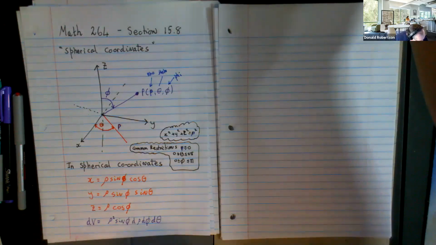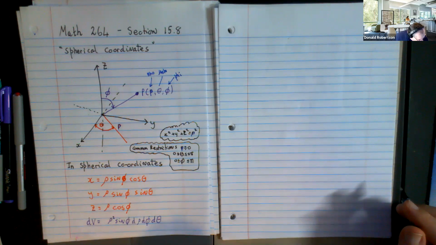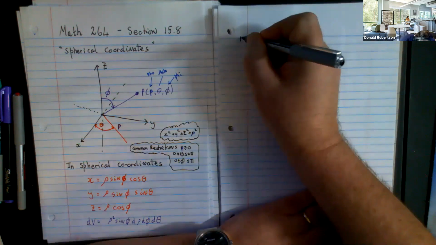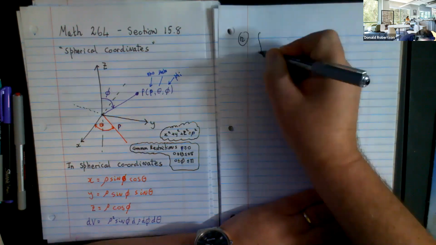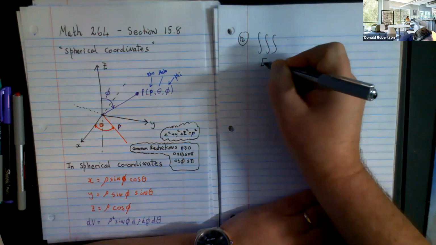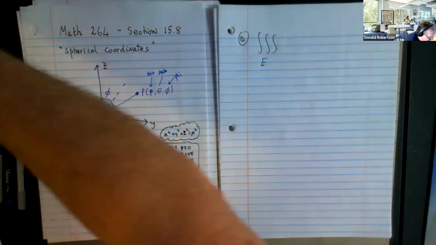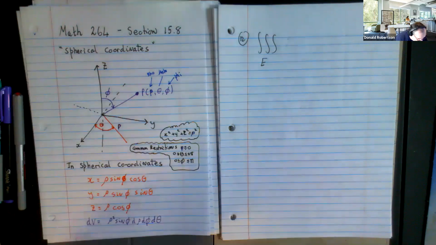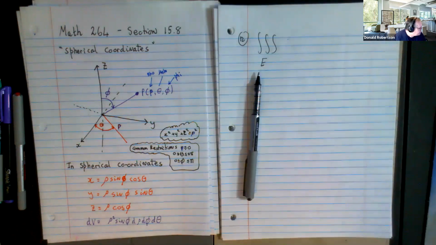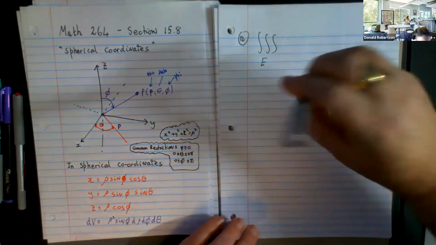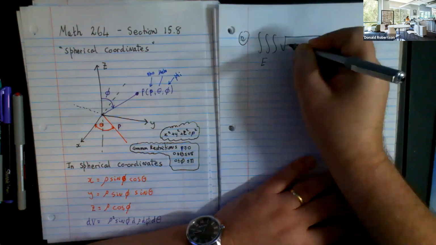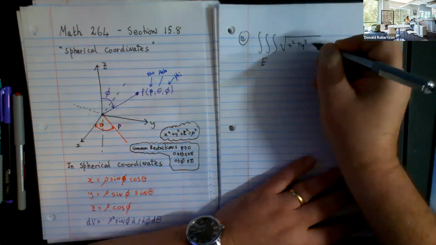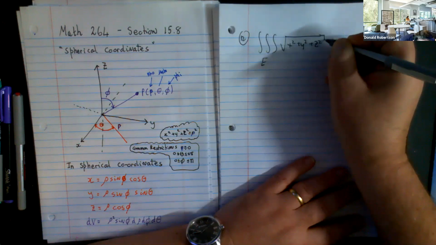Okay, time for one last one. Triple integral again. Oh, wait a minute, I just did that one. Hey, we're getting there. Triple integral of the square root of x squared plus y squared plus z squared dv.